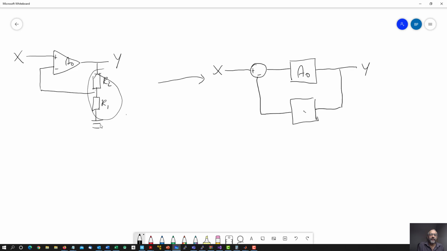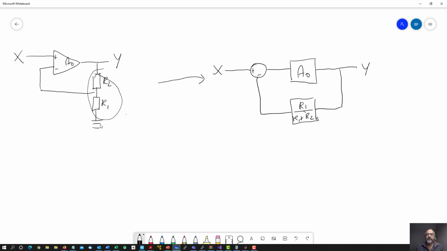But this voltage divider is actually a process that has a certain input Y and multiplies that input by R1 divided by R1 plus R2. That's also a simple constant. It's a formula, but if you calculate it, you get a constant value depending on R1 and R2.